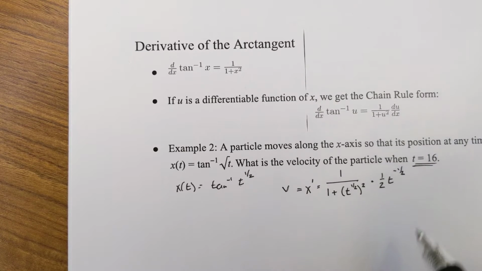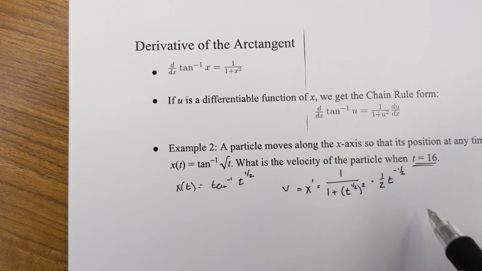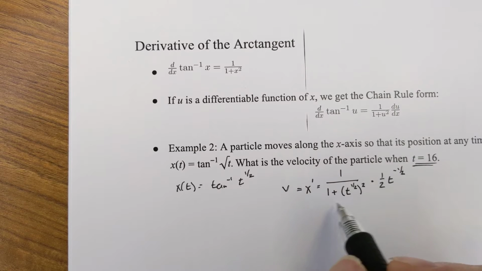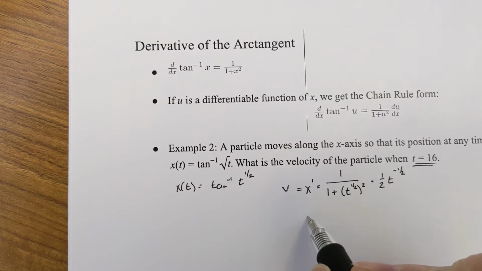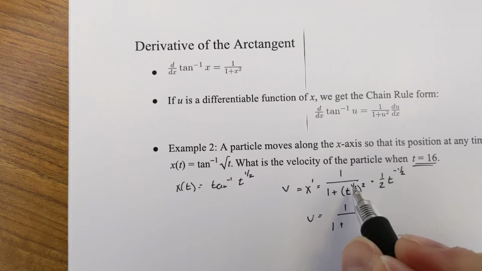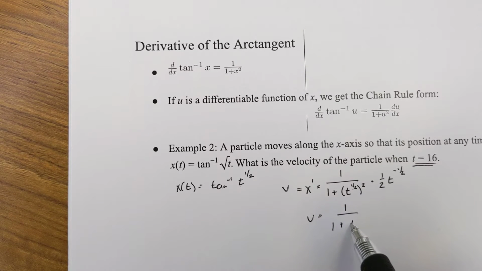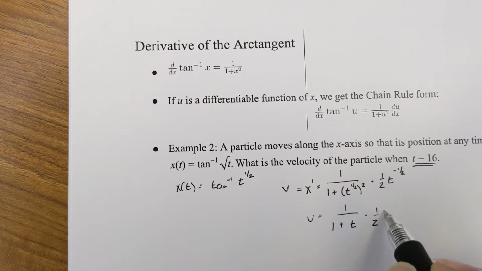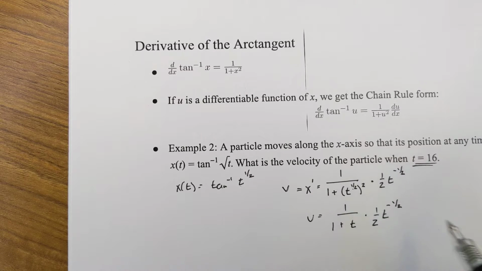It tells me here when t is 16. So all these t's become 16s. I'm going to do a little bit of cleanup first. So v equals 1 over 1 plus, so t to the half squared is just t. So we have this. So now t becomes 16.